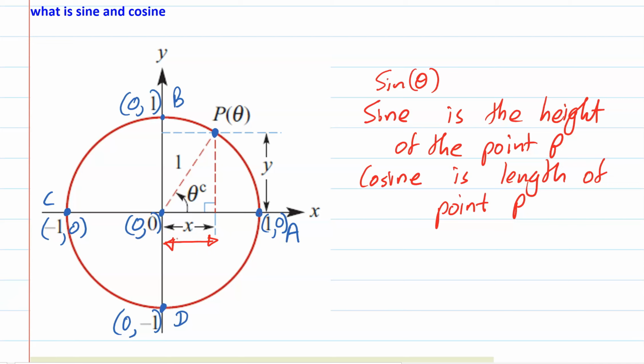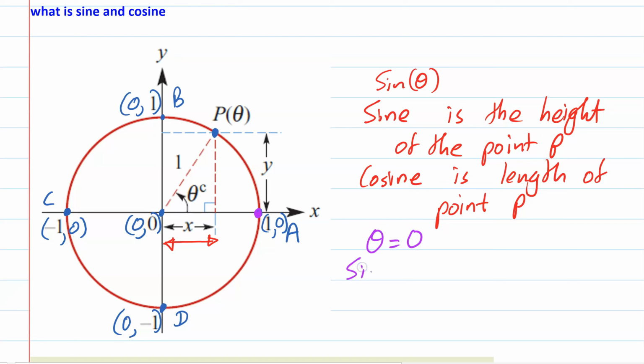Now, if I look at point A, if my P is at point A, I am not going to subtend any angle other than 0. So in this case here, let me get a different color. I have theta as 0 radians or even 0 degrees. What does it mean?